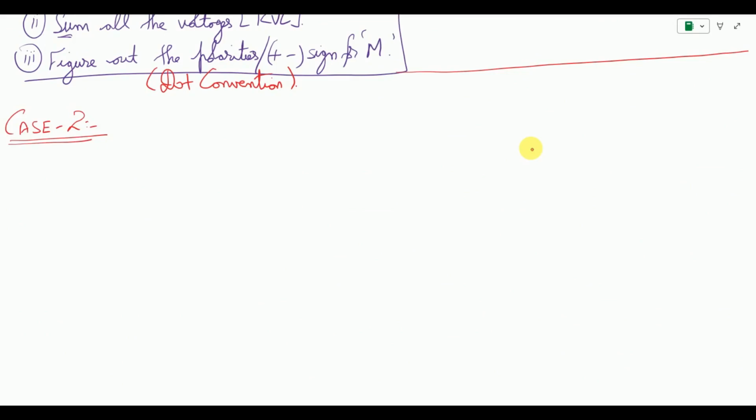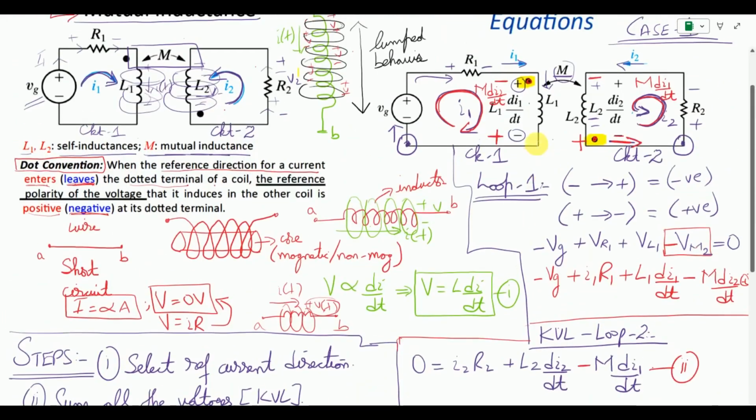For the second case, let us draw the inductor as such. This is the voltage applied, and obviously the induced voltage is going to be produced on the other side after the magnetic coupling. In the previous scenario we had the dot convention on the top and bottom.